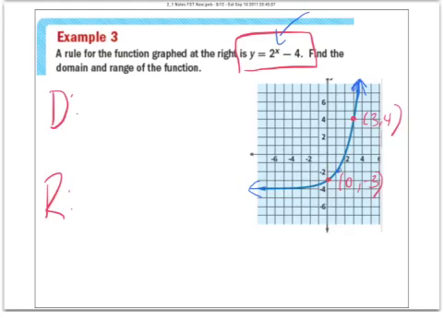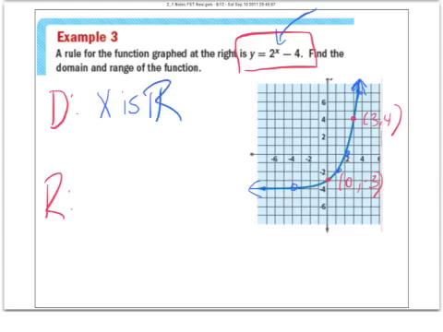Sure, I land there. 2, I land here. 3, I land here. 4, I land here. -4, I land here. Is there ever a number that I choose for x here that will not give me an answer? Look at the graph. If you graph it and this graph doesn't have any breaks in it left and right, the answer is the domain x is all real numbers.